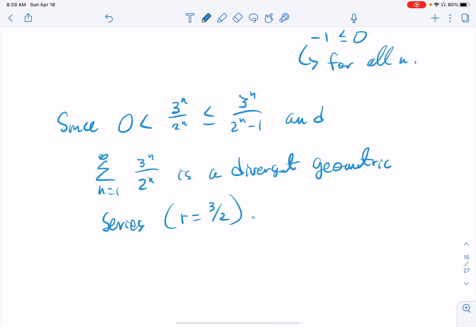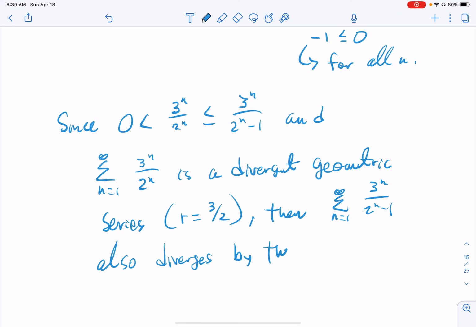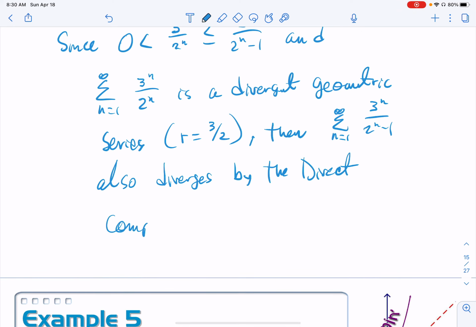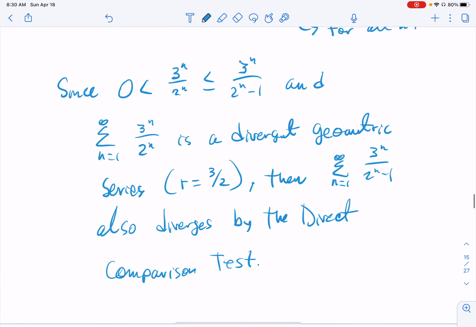Okay, then our series, the sum from n equals 1 to infinity of 3 to the n over 2 to the n minus 1 also diverges by the direct comparison test. Hooray!